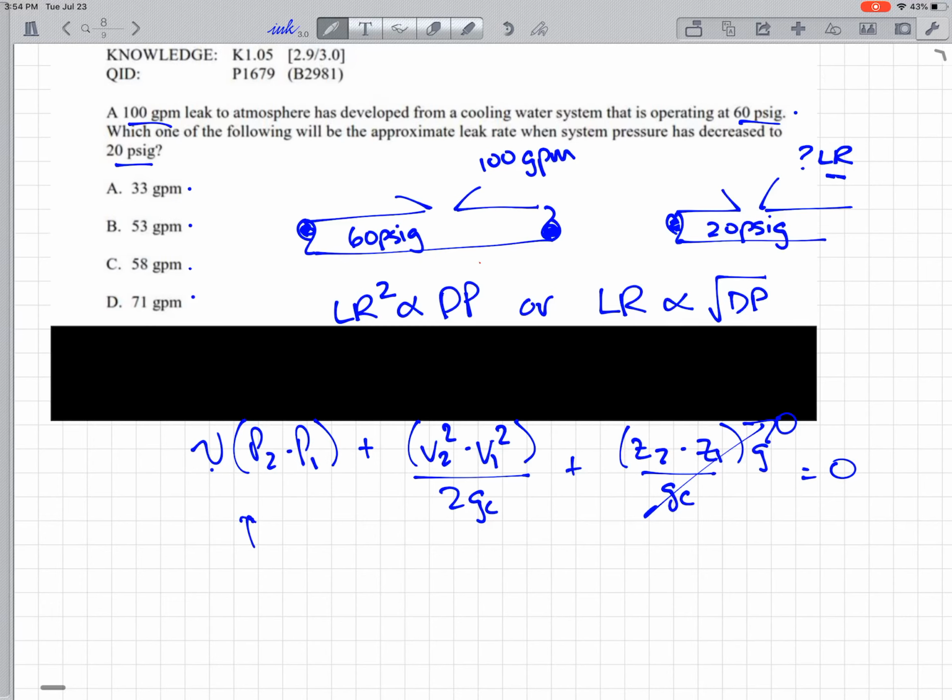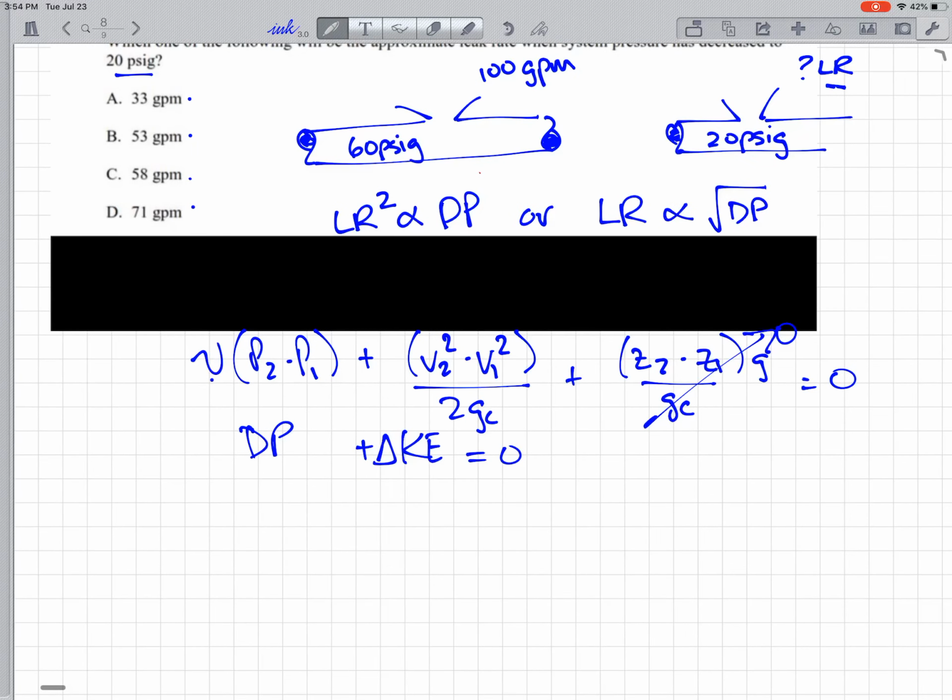So now we have dP plus kinetic energy change. It's going to be equal to 0. So we can say that they're actually equal, but we have to know the speed of the water coming out of the leak to say they're equal. But to say they're proportional, all we have to know is mass flow rate out of the leak is equal to density of the fluid, area of the little hole, and speed coming out.